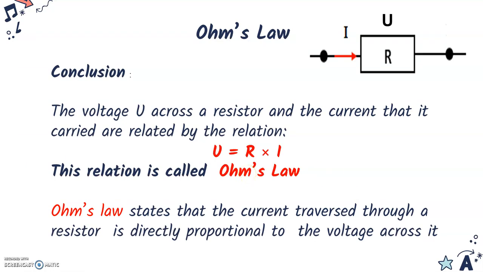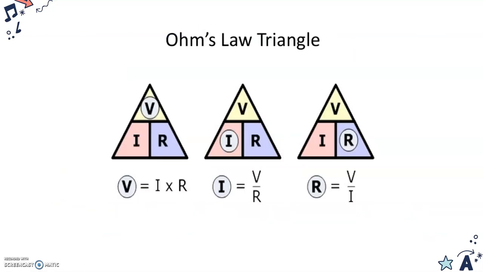Ohm's law means the voltage across a resistor and the current passing through the resistor are proportional. They increase together and decrease together. But R is a fixed constant coefficient. Okay? And this is the Ohm's law triangle. It's clear? Thank you.